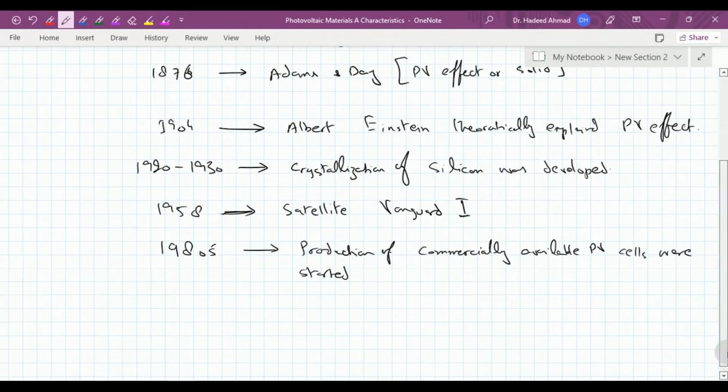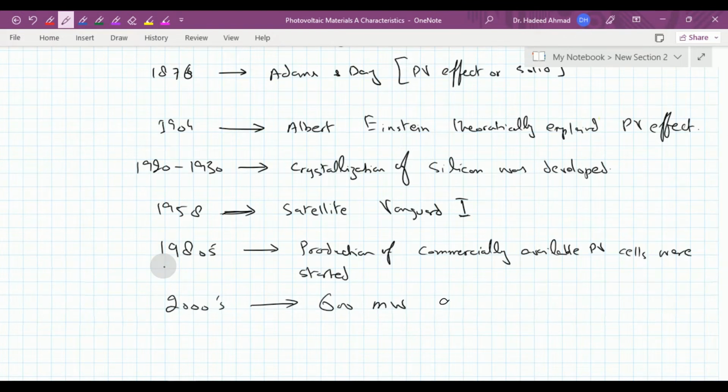Then from the 1980s to the 21st century, there were hurdles related to the cost of the photovoltaic panel, and because it's always difficult to break the inertia of a society to introduce new technologies, it took some time. By the 2000s, we had only 600 megawatts of worldwide production.